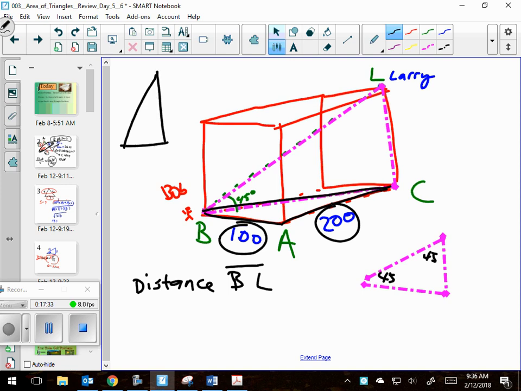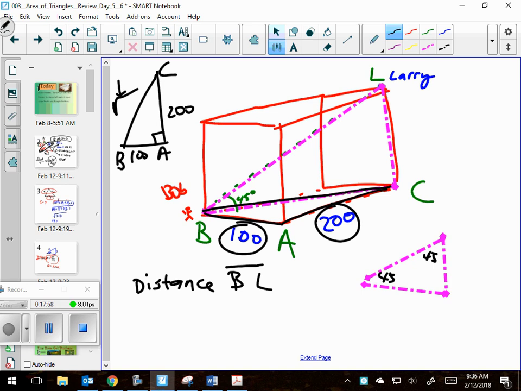That one is from B to A to C, and that would be a right angle. And I know those two sides, 100 and 200. And so therefore, I can figure out the third side with just a squared plus b squared equals c squared. And that side must be the square root of 200 squared plus 100 squared.